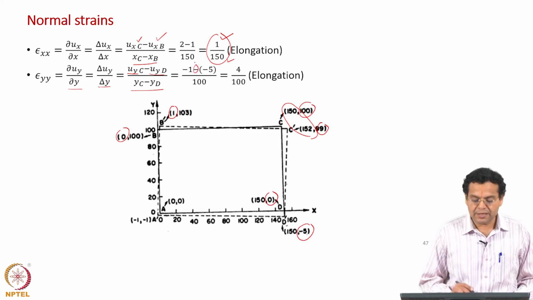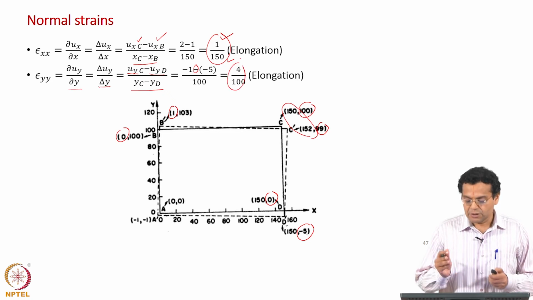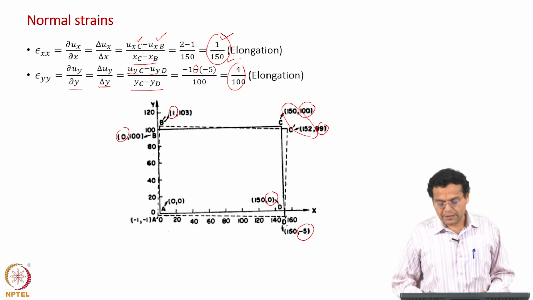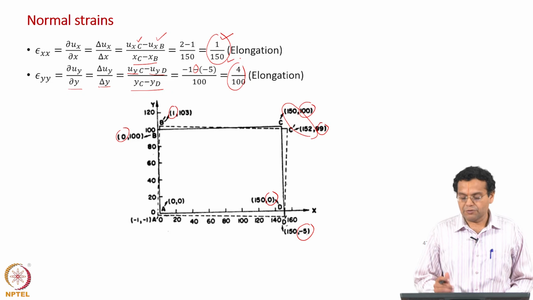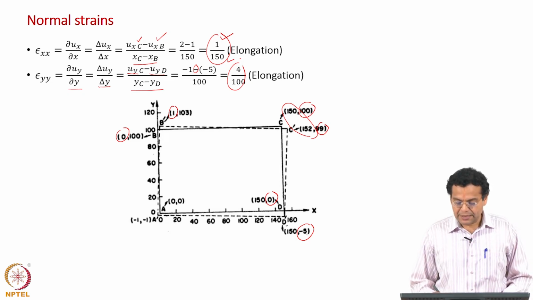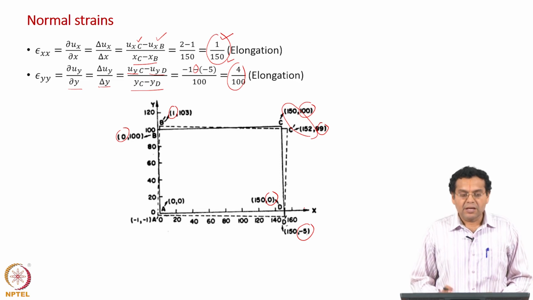Of course, there is a negative sign because of the difference, resulting in 4 by 100. So, once again the line element CD has undergone elongation of 4 by 100, and we can see that as well if we compare CD and C dash D dash, there is a small increase in length. Okay. So, the normal strains have been calculated.